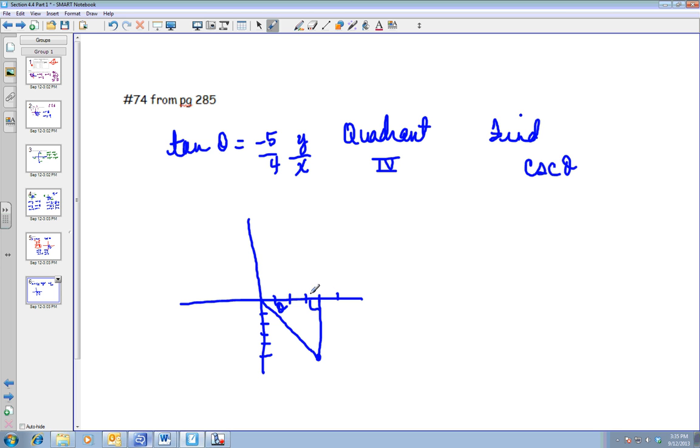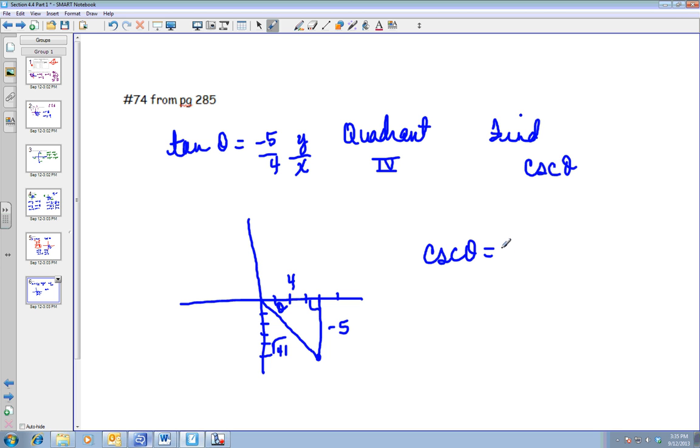So let's label this. Tangent was y over x, so my y is -5. My x value is 4. So when I do the Pythagorean Theorem, this should be square root of 41. Now this time they don't want all 6 trig functions, they just want cosecant theta.